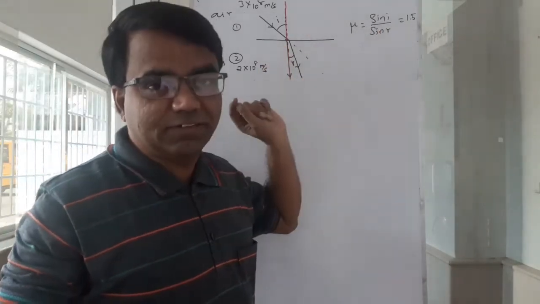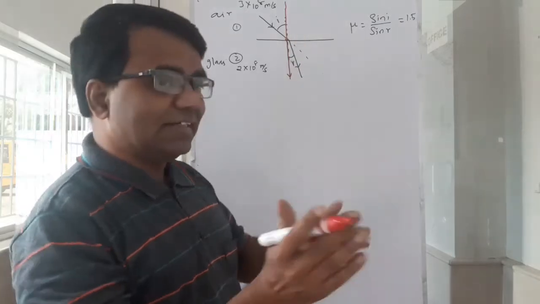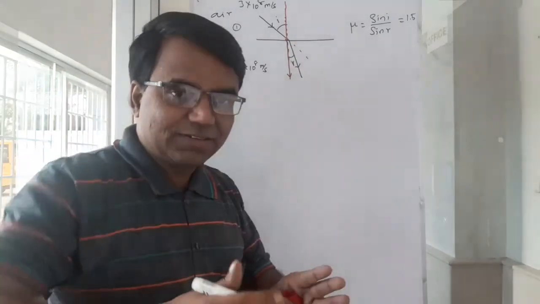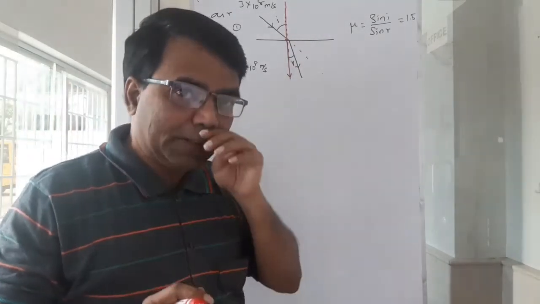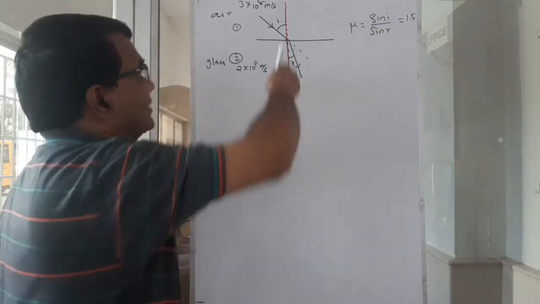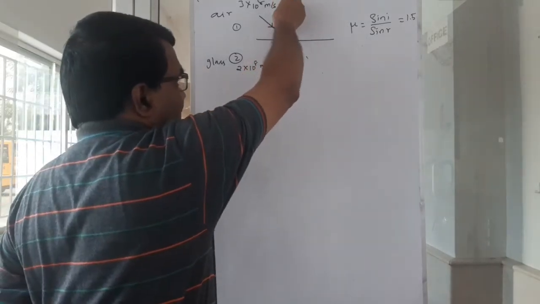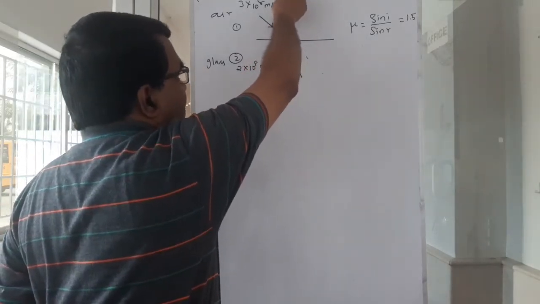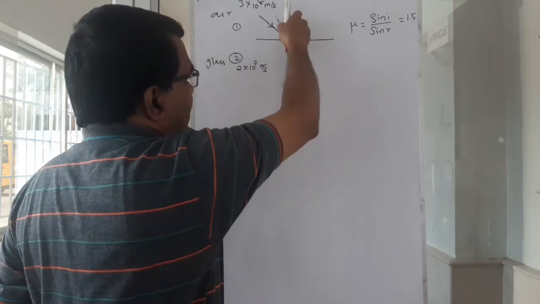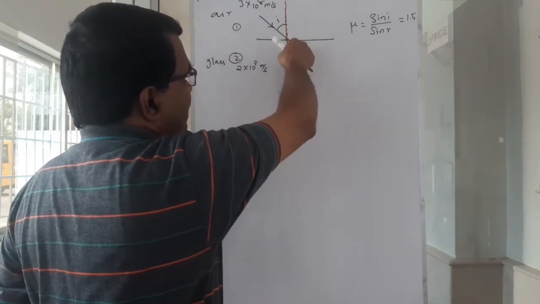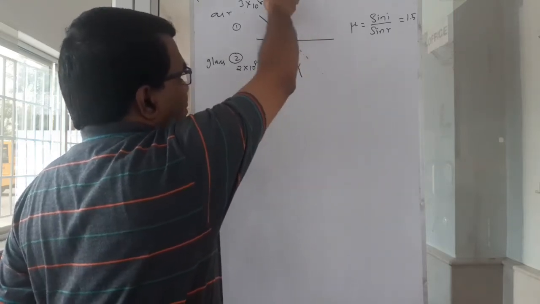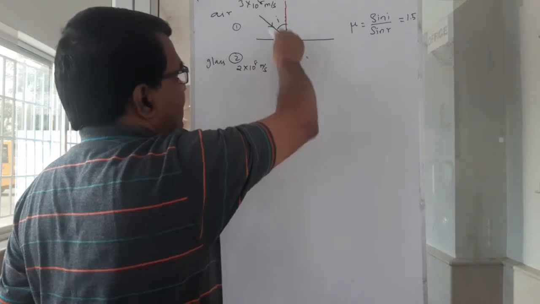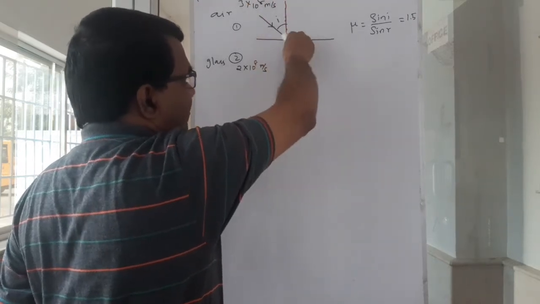The ratio is 1.5. But then I need to find it by changing the angle. What you need to understand is the ray that is coming straight into this medium through the normal will go undeflected. All other rays will be deflected.